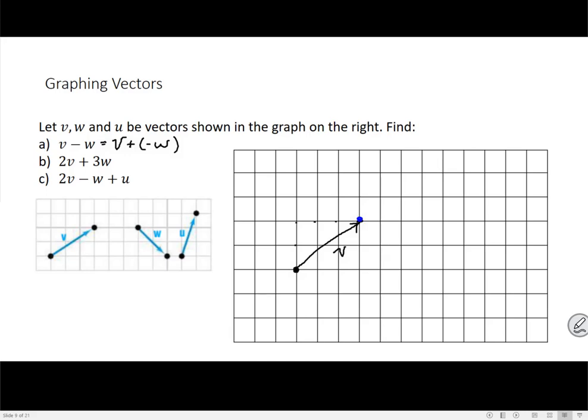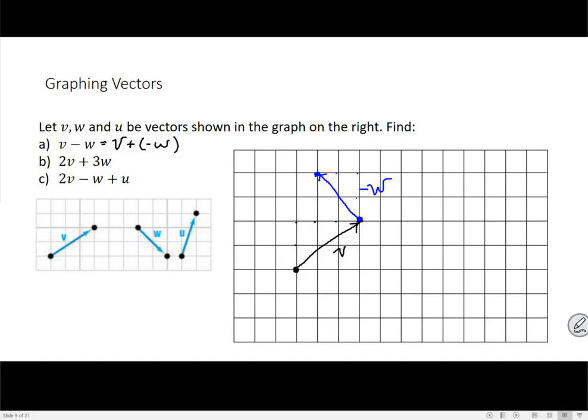Now since the vector w goes 2 units down and 2 to the right, to get to the opposite direction, I'm going to draw 2 units up and 2 to the left to get negative w. So 2 up and 2 to the left, and that is going to be the terminal point of my vector negative w.